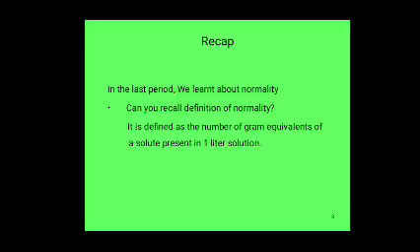How many equivalents are present in 1 liter of solution is called normality. So, we calculate the normality of solute particles by the equivalent weight of particles.